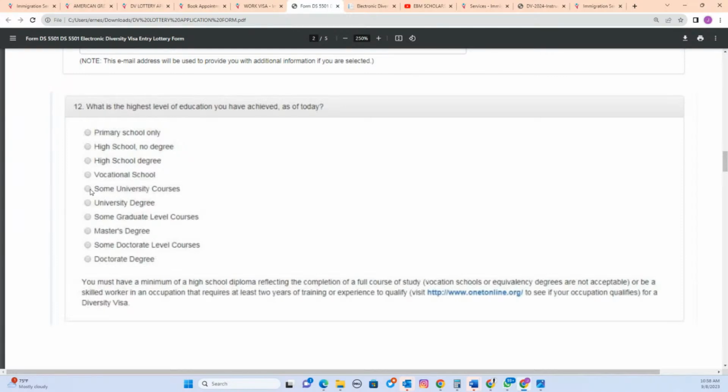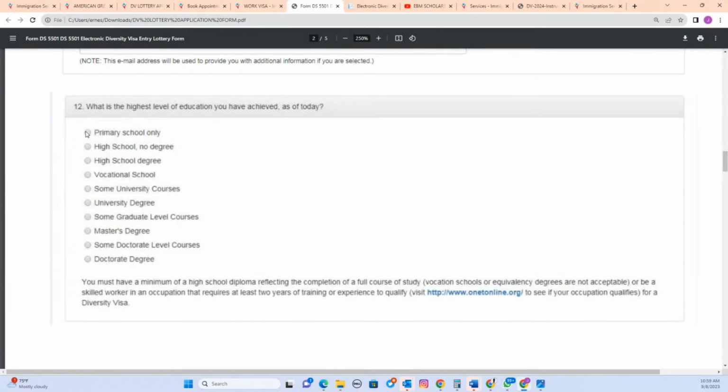To put the incorrect education level will not affect you. There is certain information, I'm trying to say, that will have impact. If you win and you put wrong information, they can deny you the visa. But putting an incorrect education level will have no impact.